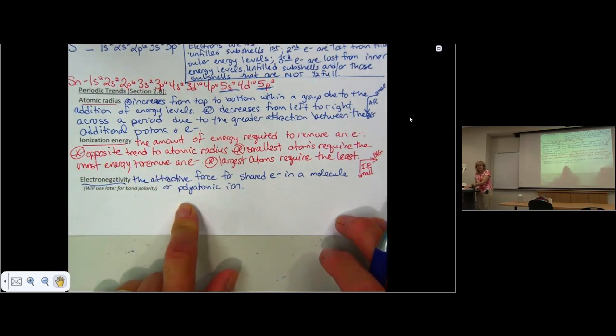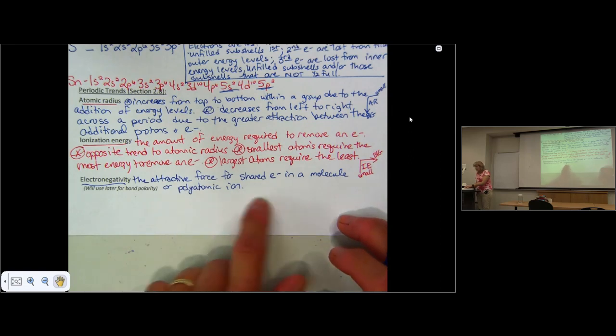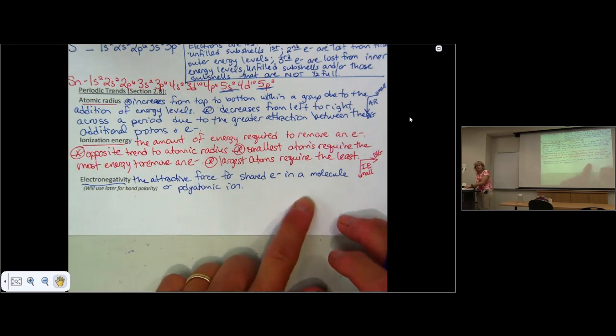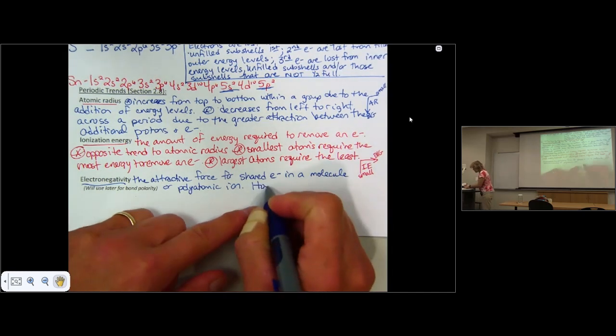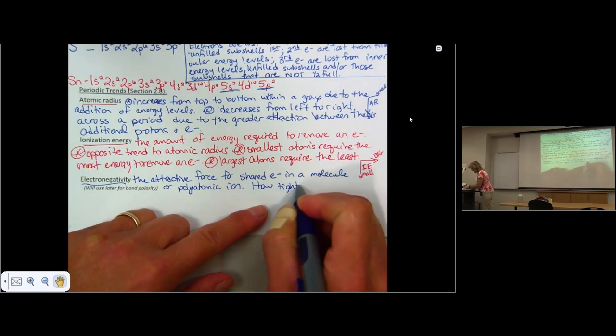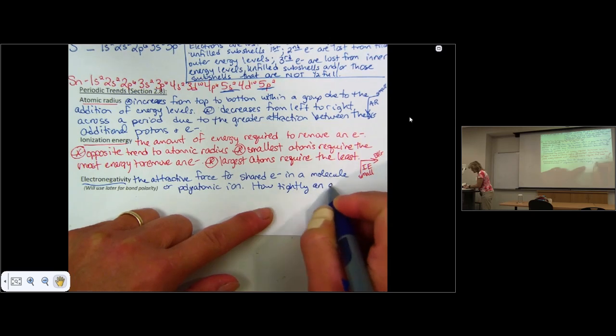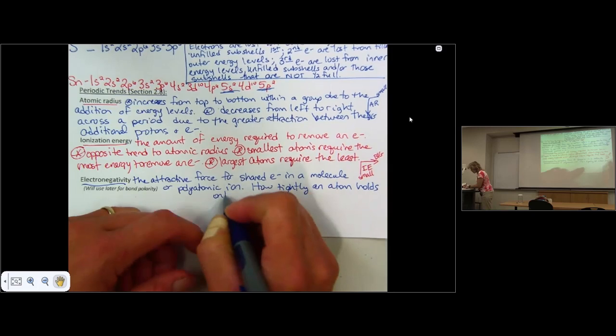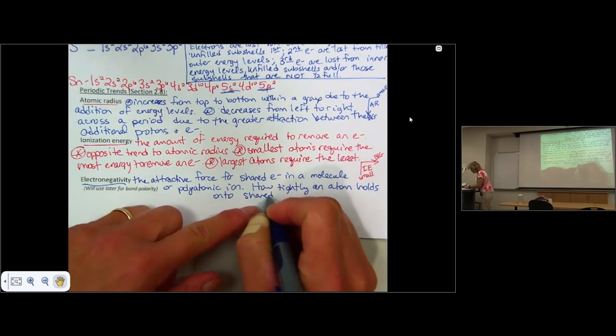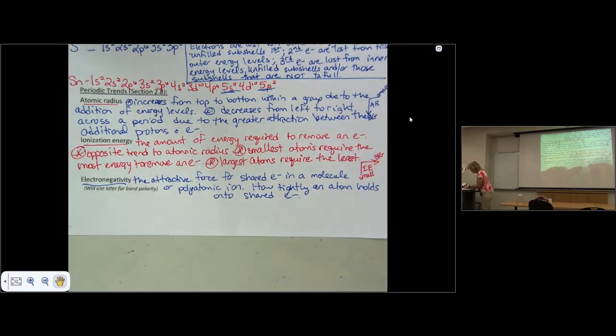We're talking sharing right now. So it's the attractive force for shared electrons in a molecule or polyatomic ion. We could also say how tightly an atom holds on to shared electrons. That's what electronegativity is. How tightly an atom holds on to shared electrons.